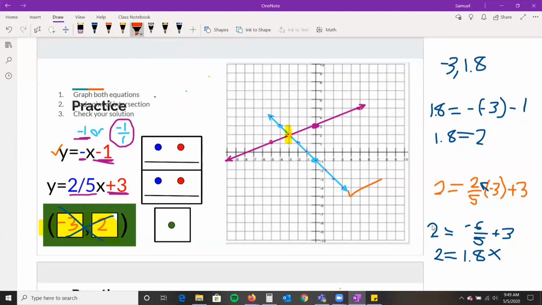But just know that if you test your solutions, like this one originally worked out, and then this one did not work out, like it didn't make a true statement, then that should be a red flag that either you made a mistake or there's no solution. But in this case, you know there's going to be one at least because they're intersecting.